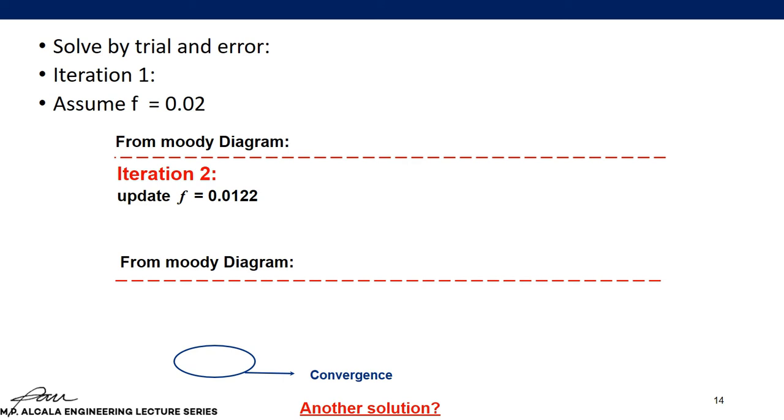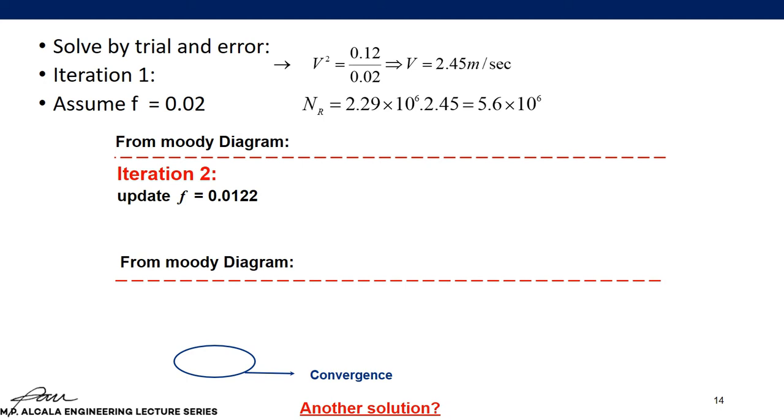So solving, from iteration 1, we will have a velocity of 2.45 meters per second. Now substituting to equation 2, 2.99 times 10 to the 6 multiplied by 2.45 will give you a Reynolds number of 5.6.